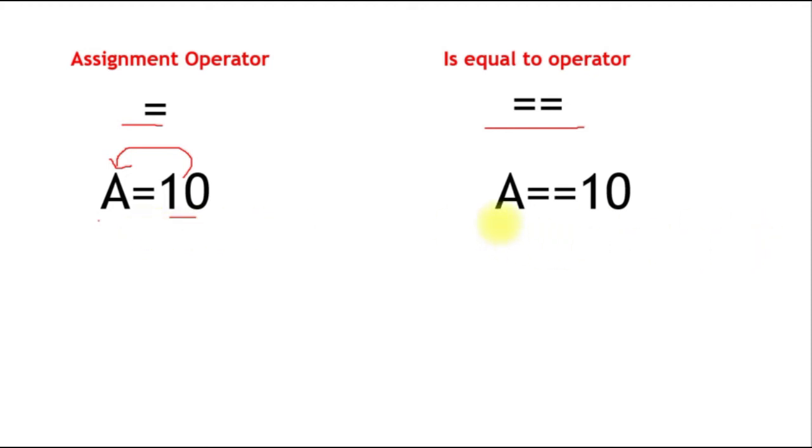Next naman is A is equal to 10. So, dito naman, kino-compare natin kung yung value ng A is equal to 10. So, dito, ang sagot ay either true or false. Take note, is equal to ay nasa comparison or relational operator. We are comparing left operand if equal siya sa right operand. So, yan po yung pagkakaiba ng dalawang ito.